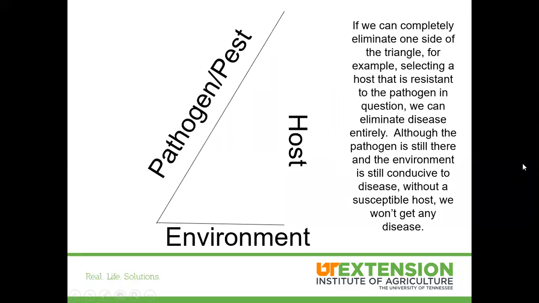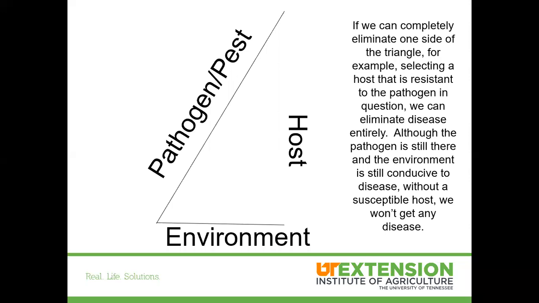And so if we can eliminate one side of the triangle, maybe by selecting a host plant that is resistant to the pathogen, we can eliminate that disease entirely. Although the pathogen is always there in the environment and still conducive to disease, without a susceptible host, we won't get the disease.